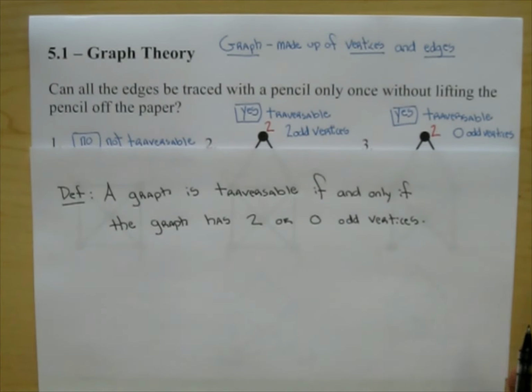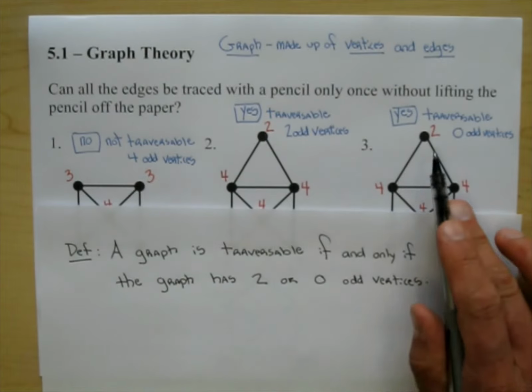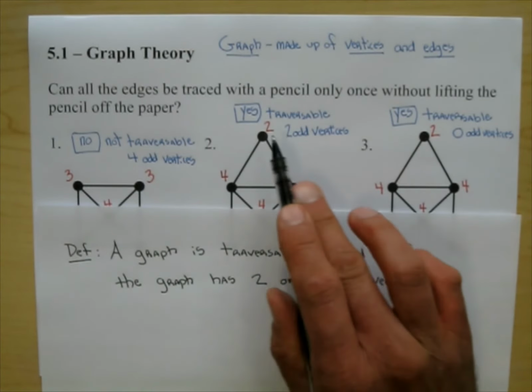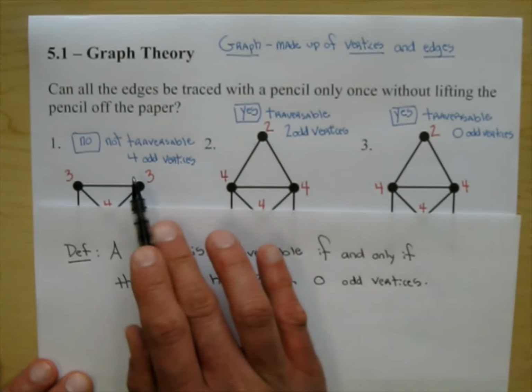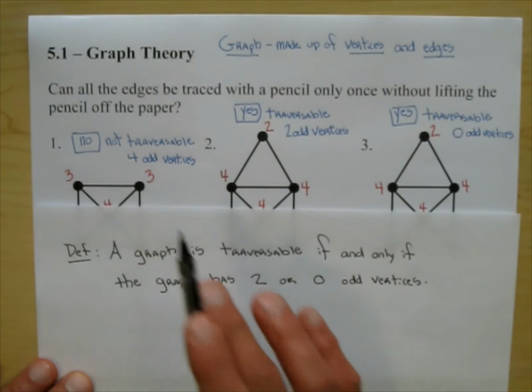Okay? And so we have yes when we had 0 odd vertices and yes when we had 2 odd vertices. But if you have another number of odd vertices like 4, the answer is no.